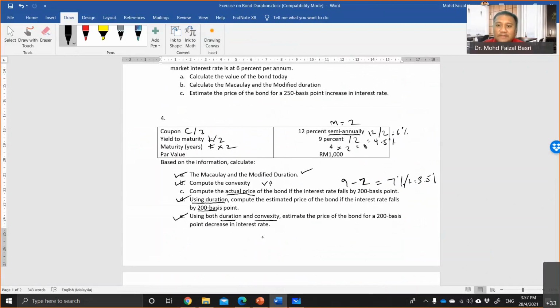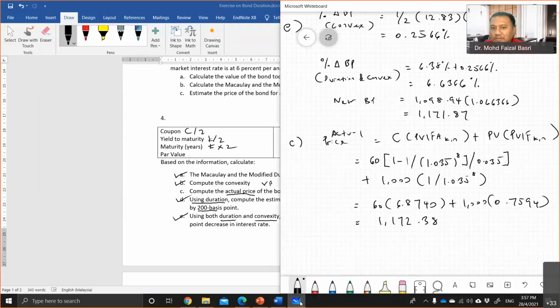So 9 minus 2 is 7%. Okay, and 7% is annual. Okay, K is annual, but since we are semi-annually compounding, so we have to divide by 2, so we get 3.5. So that's K. In our case, the K is 3.5% based on the adjustment. So once you have that 3.5%, so that's why I substitute 3.5 kat sini.